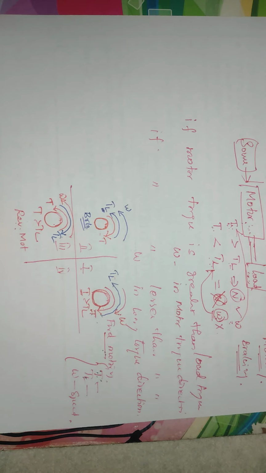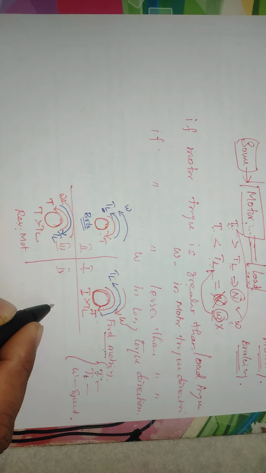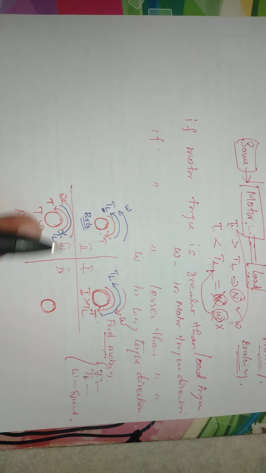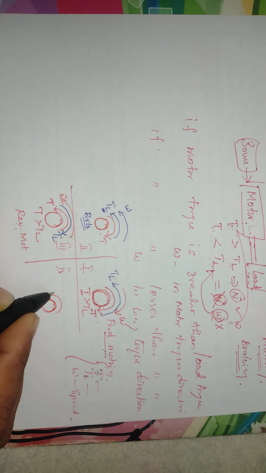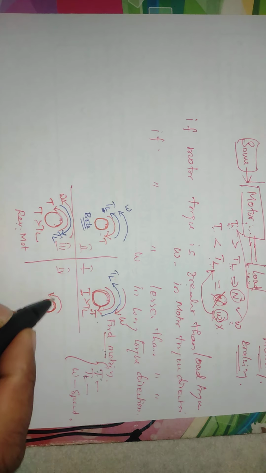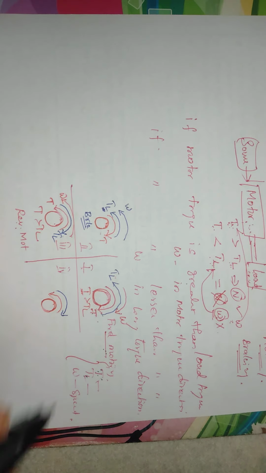And for this last one, that is reverse braking. Reverse braking in the sense we go for this direction of current, this direction of load. Here the motor torque is in this direction, and opposite to that the load torque is in this direction.